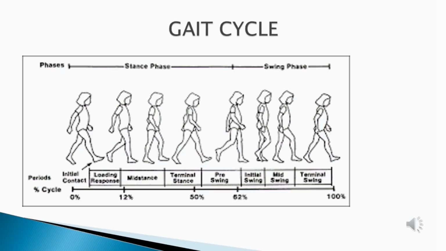So for our purposes and for the AMA guides, we're simply going to consider that the gait cycle can be broken down into two components, the stance phase and the swing phase. The stance phase comprises approximately 60 to 65% of the entirety of the cycle, whereas the swing phase comprises only 35 to 40% of the cycle.